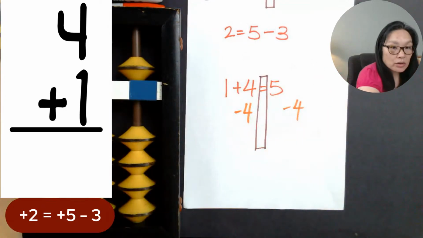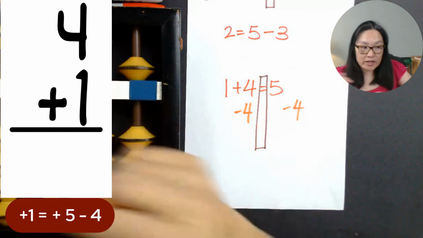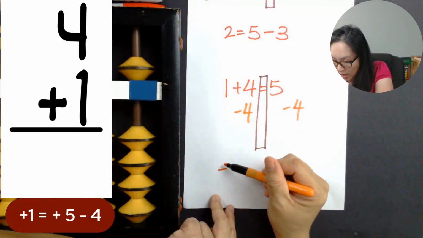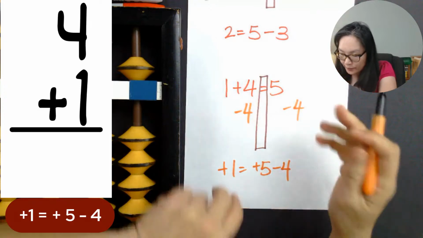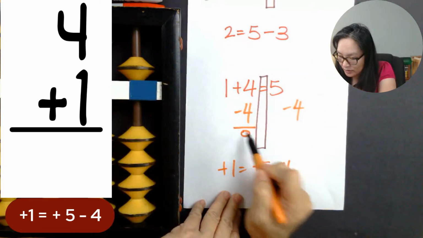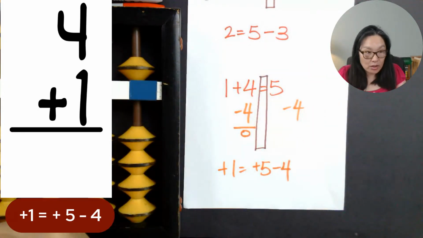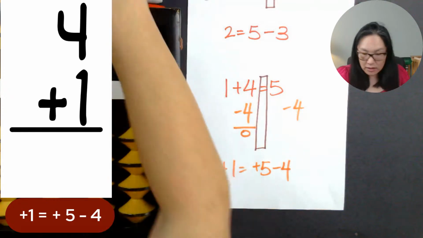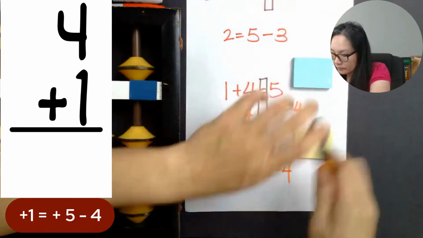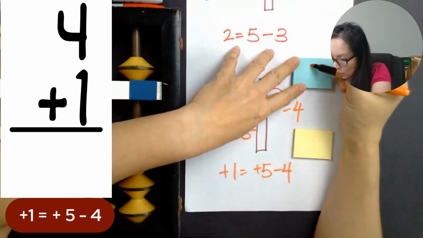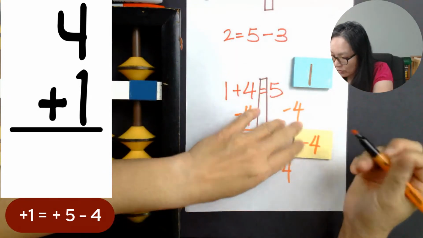So our new equation that we have to know is 1 plus 1 is equal to plus the 5 minus 4. We bring this down because this is equal to 0. We don't need to say 0. Let me do my Post-it notes. So we have our 1 here, and we take away 4 here.